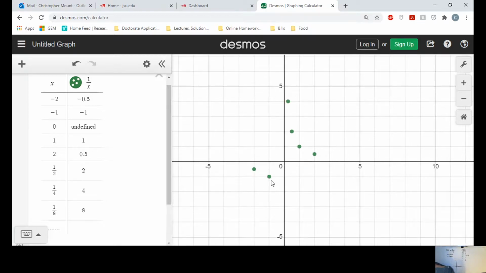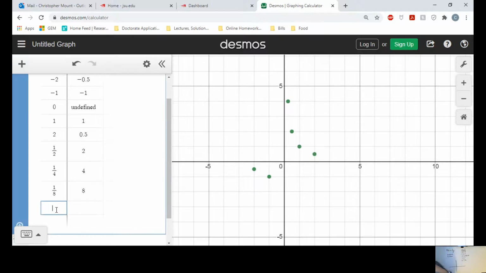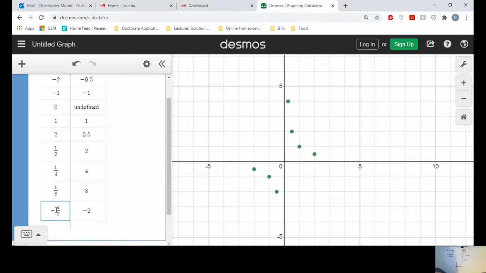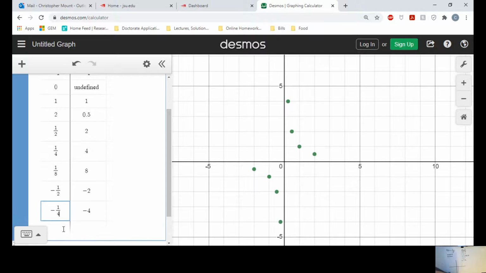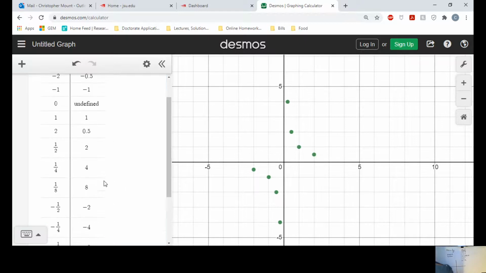What if I approach 0 on the left-hand side? So between 0 and -1. So I'll just take these values and put negatives in front of them. So I'll try -1/2. I don't know if you saw that, but it added this point right here. Now I'm going to try to add -1/4. So I'm just mirroring those values that I picked for the positive side, and then I'll do -1/8.